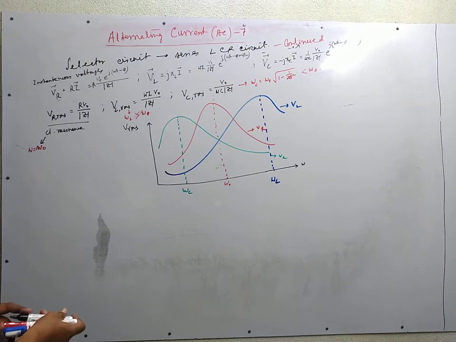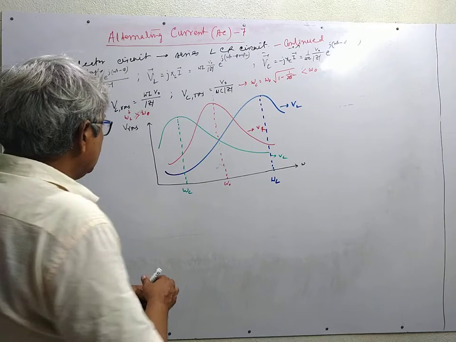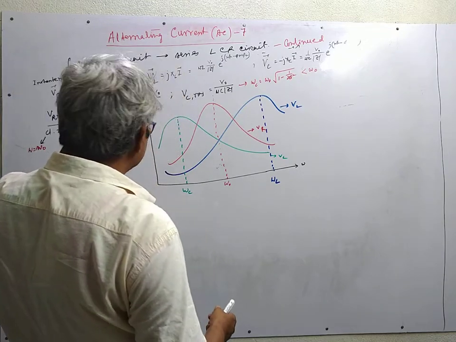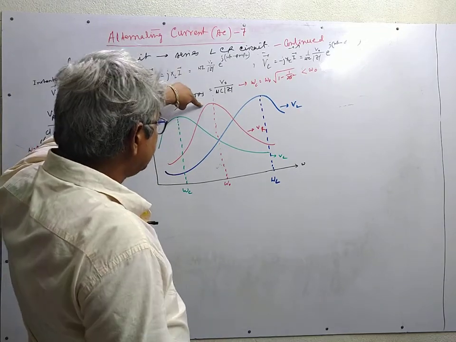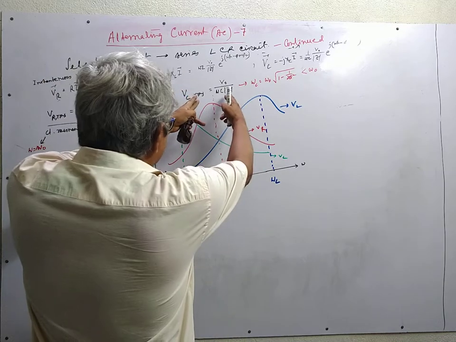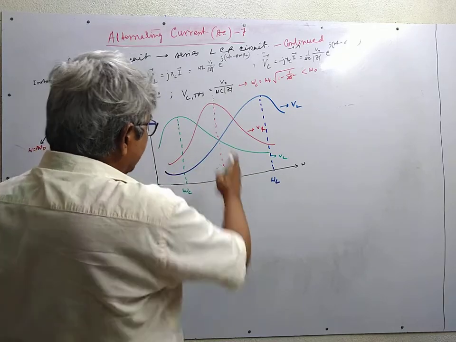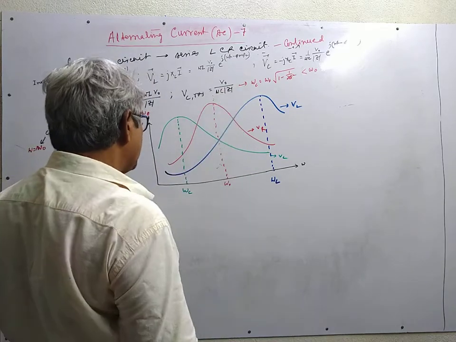We see that if we measure the current or voltages across the resistance, it acts as a band pass filter. Only the frequency in the neighborhood of omega 0 has a good response.